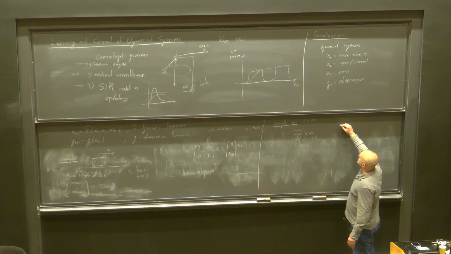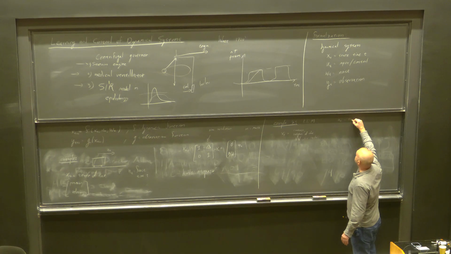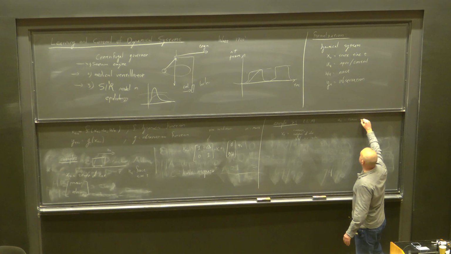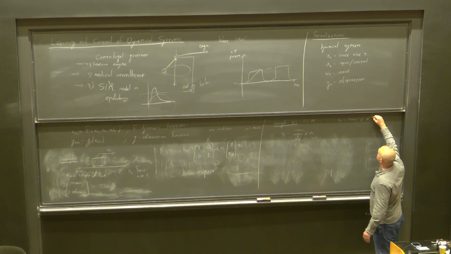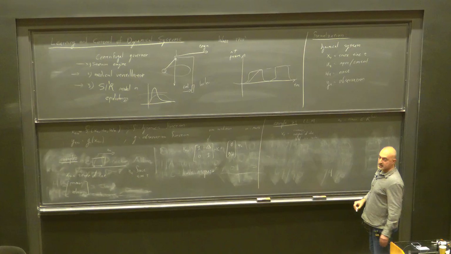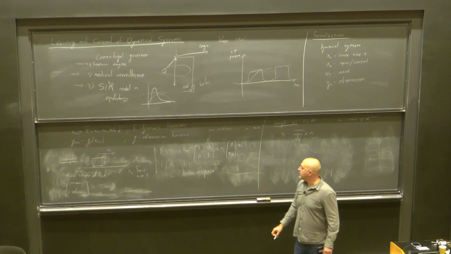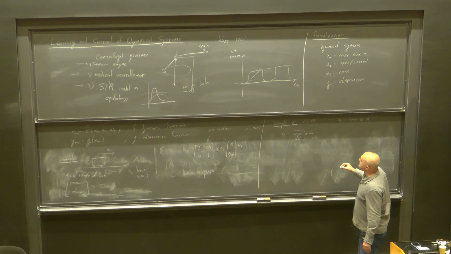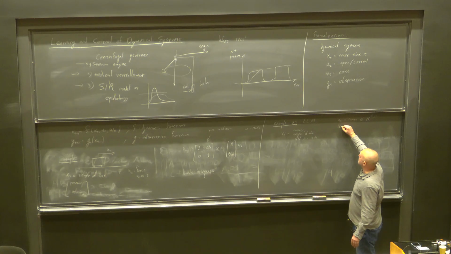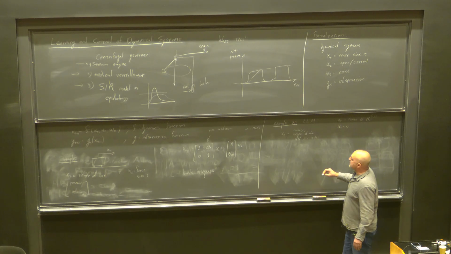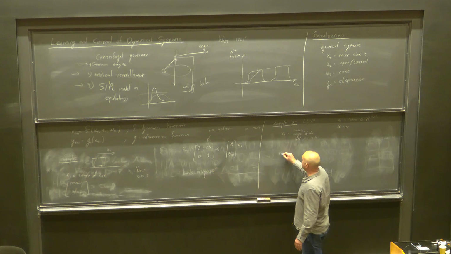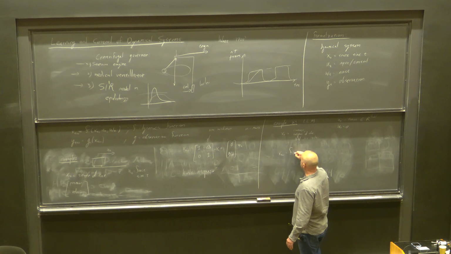Then U_t can be a token in R^d model, so this means the word embedding model dimension. And W_t may be 0, no noise. And then I have X_{t+1} is f of X_t, U_t.